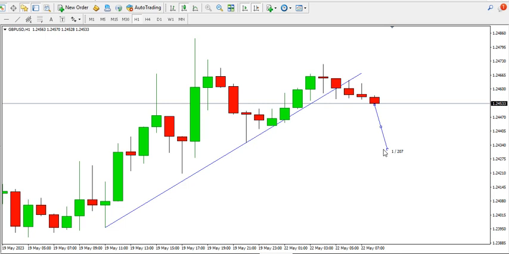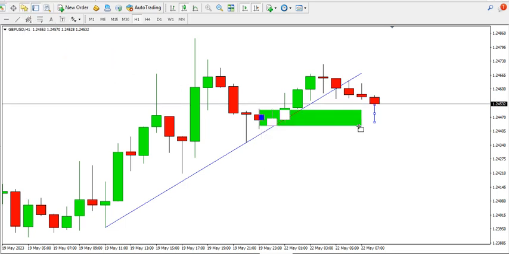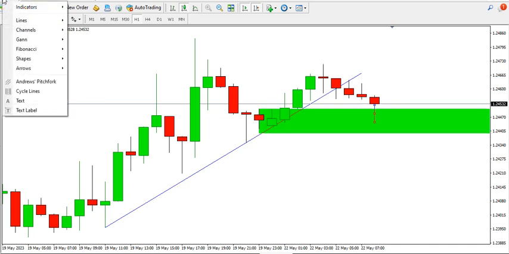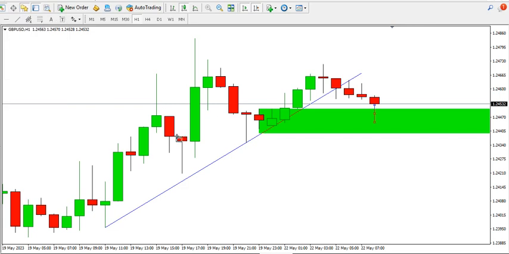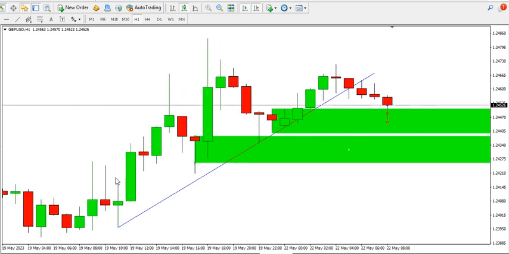If price goes down, we have this particular order block here. This order block might serve as support to price. After that we might have another support here, this particular order block, and then another order block support here.